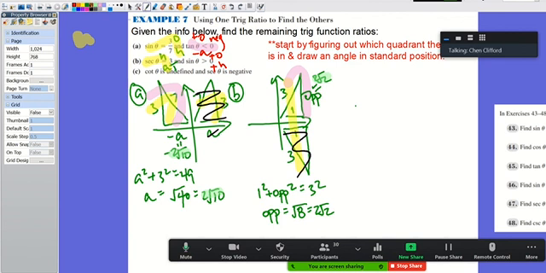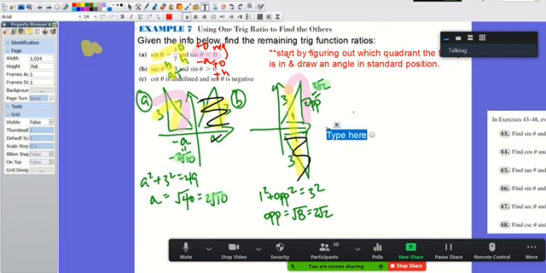They already gave you secant, they gave you sine, so we need to find cosine, tangent, cosecant, and cotangent. And then you just set up the fractions.